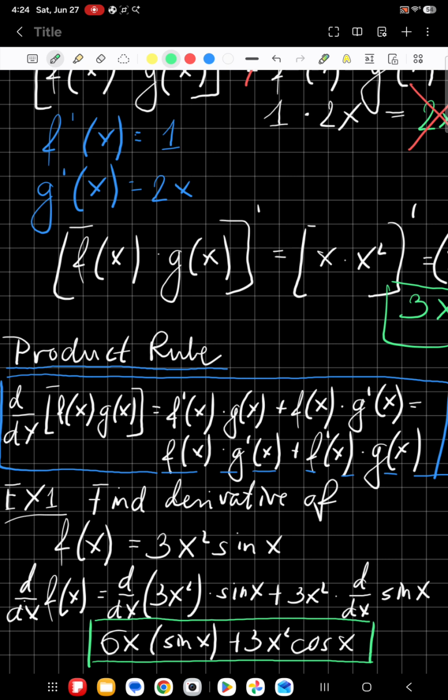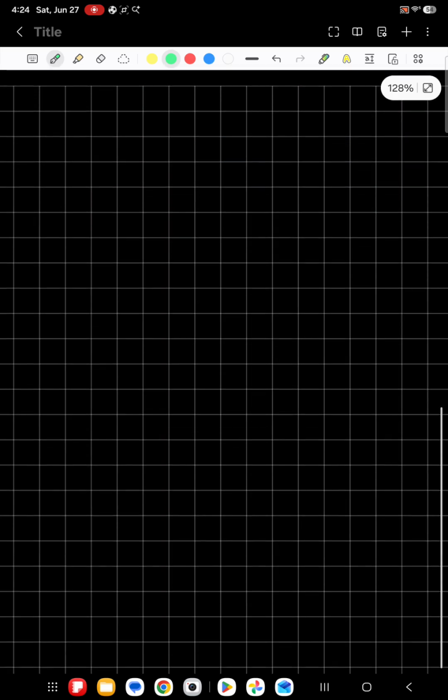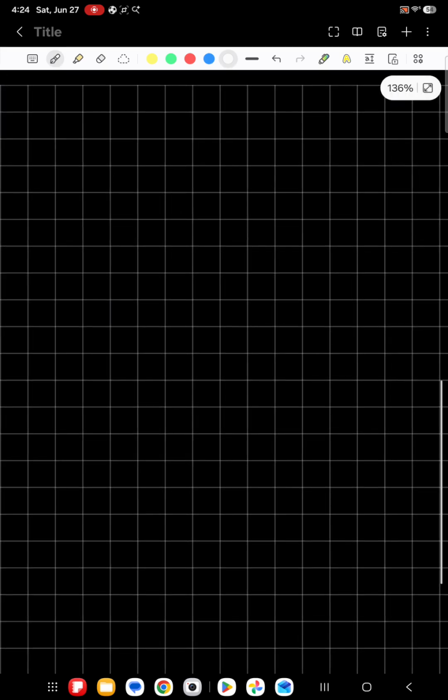Yeah, so this is how it works. And yeah, the second rule is called the quotient rule. So that tells us how to deal with when I have two functions that are divided. Okay, so again, d/dx.